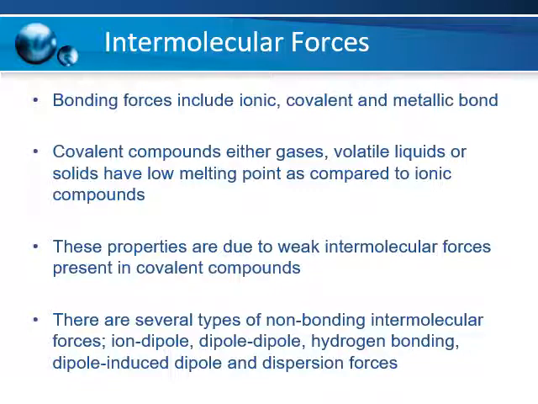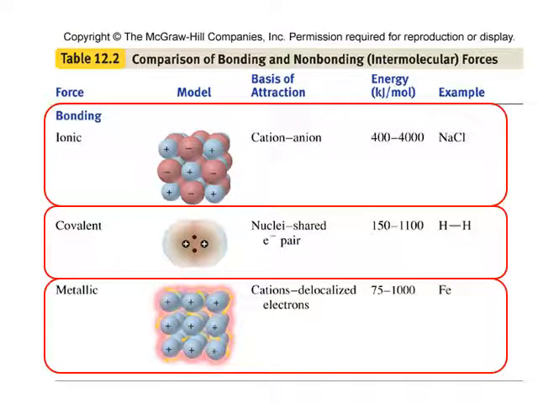There are several types of non-bonding intermolecular forces, such as ion-dipole, dipole-dipole, hydrogen bonding, dipole-induced dipole, and dispersion force. Bonding ionic is between cation and anion. Covalent is between non-metal and non-metal, and they share electrons. And metallic is between metal and metal. The basic attraction is cations and delocalized electrons.